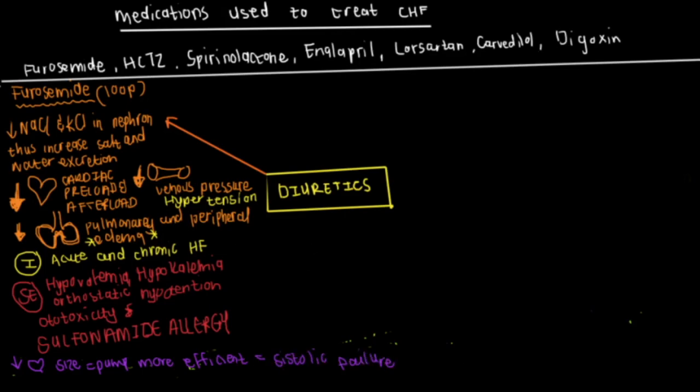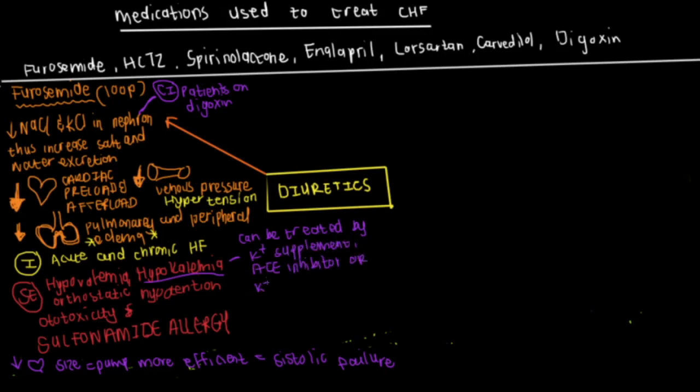It's important to remember that if sodium is excreted, potassium is also excreted, and thus this is quite hazardous to use in patients that are on digoxin treatment. Hypokalemia can be treated with potassium supplements, or you can add an ACE inhibitor or a potassium-sparing diuretic such as spironolactone.